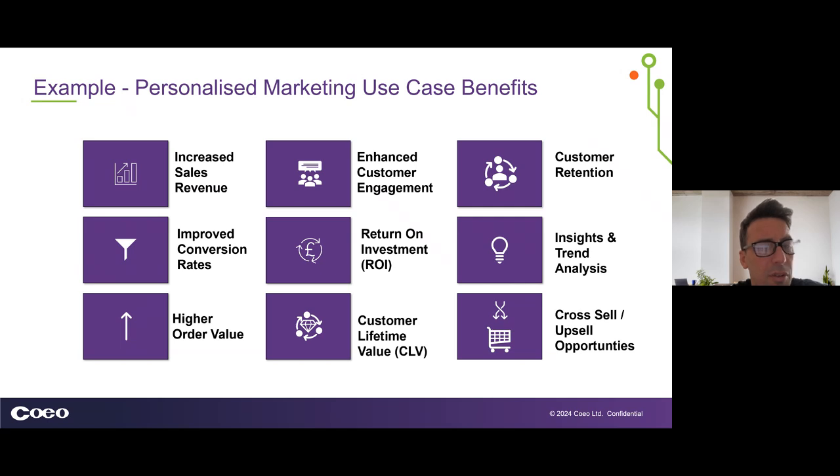And this is where we start to map out the business benefits. These obviously aren't a fully fledged list, but they give you points for consideration on what you might consider a benefit to the use case. So that personalized marketing campaign, and again, you need to have a baseline.